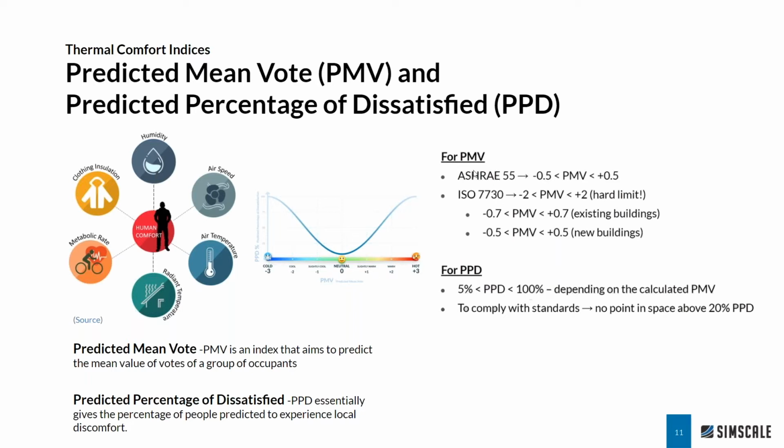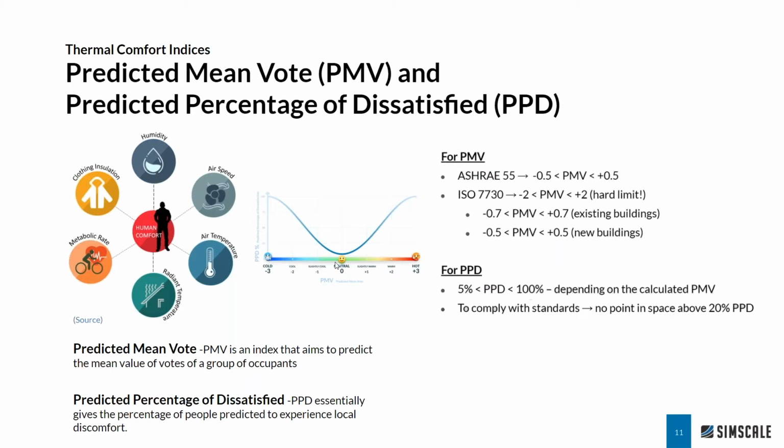On the right, you can see for the predicted mean vote, we do have certain standards that account for thermal comfort. Two main important standards that we are going to look into are ASHRAE 55 and also ISO 7730. Based upon these, the range that can be allowed for thermal comfort should be from -0.5 to 0.5.